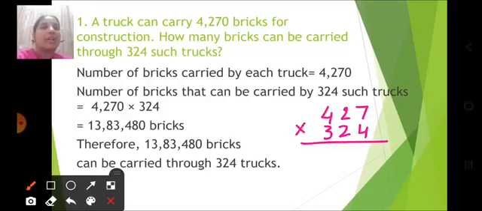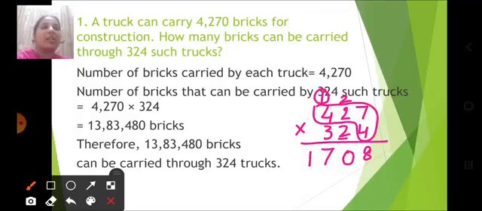So we'll just multiply. So 7 4s are 28. We will write it here. Now because we are multiplying this 427 by 4, so 4 2s are 8, plus 2 added to it will give 10. 0 we will write here, and 1 will be carried over. Now 4 4s are 16 and 1 is 17.